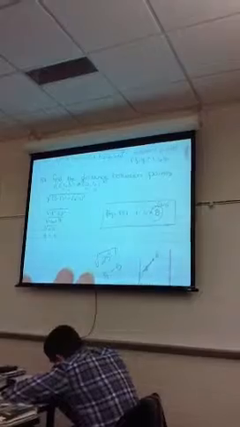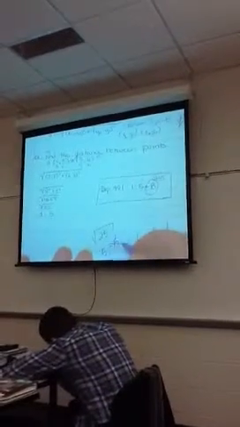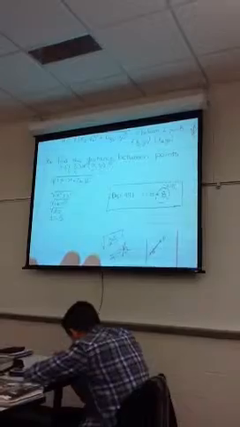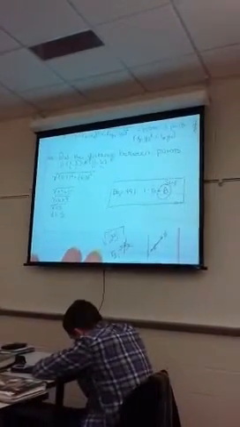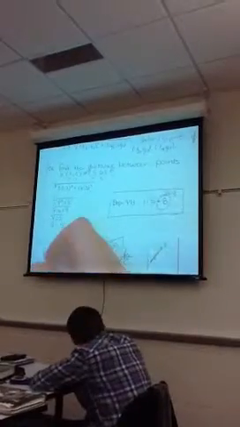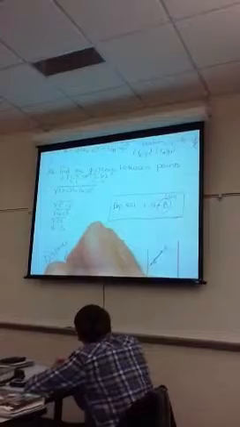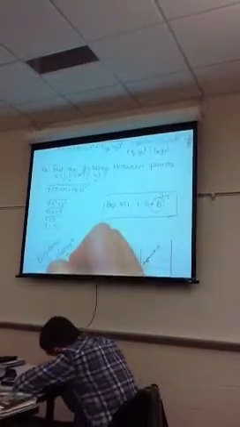Why, Bob? Because you can't have a negative distance. So we don't have to worry about the negatives when we're talking about distance. So we only need to worry about our positive values because distance is always positive.